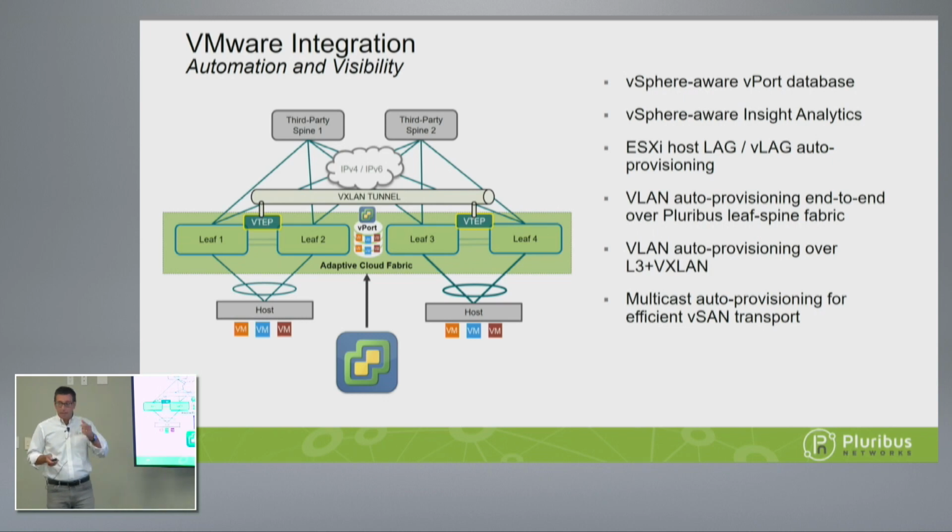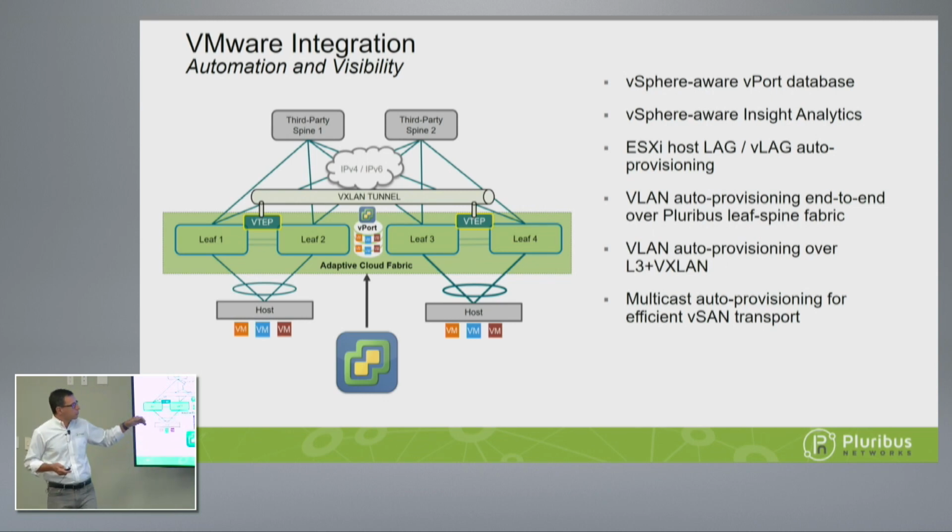Last concept here, we discussed it, but I want to highlight it. We have some interesting degree of integration with vCenter. We do something which is standard in the sense that many other vendors do, which is provisioning ports and VLANs.